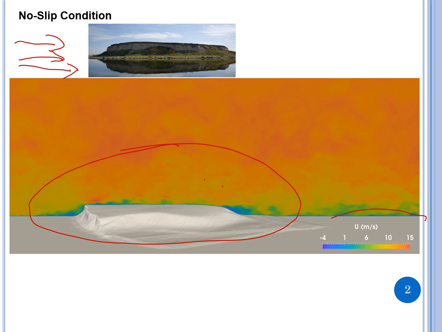Look at the velocities by the color map. Right near the surface it is going to have a very low velocity.